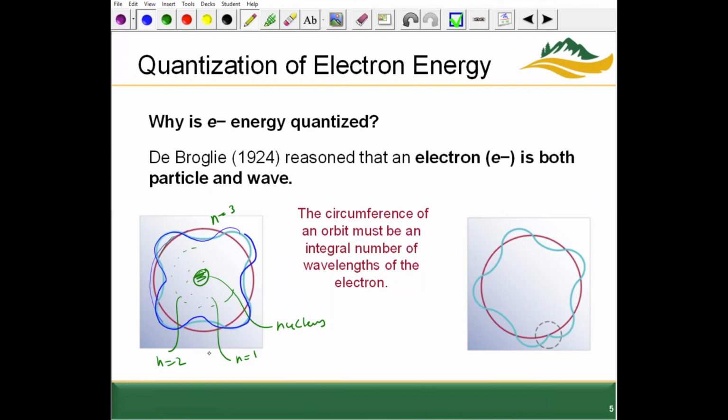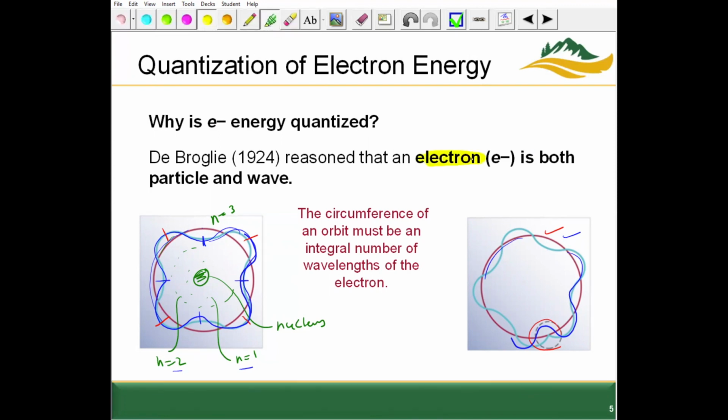So the circumference of each energy level is a very specific set distance to allow for complete wavelengths to pass along. We count wavelengths as trough to trough to trough, or peak to peak to peak to peak. We're not going to have some energy level have a circumference where we have something like this happen for an electron. The electron has to be able to complete full wavelengths around the nucleus within each specific quantized energy level.